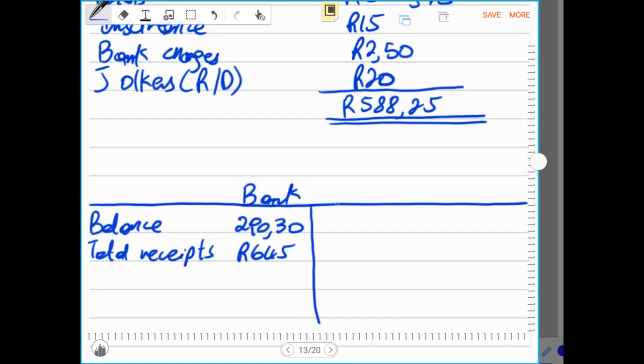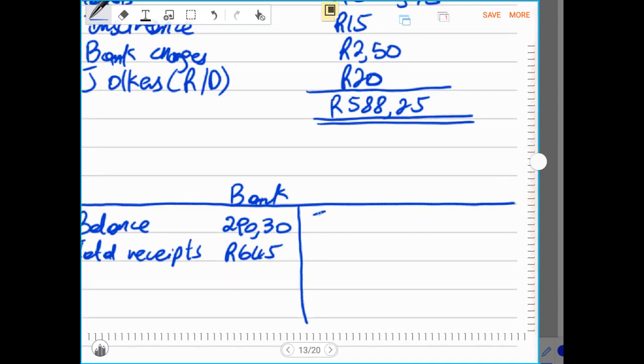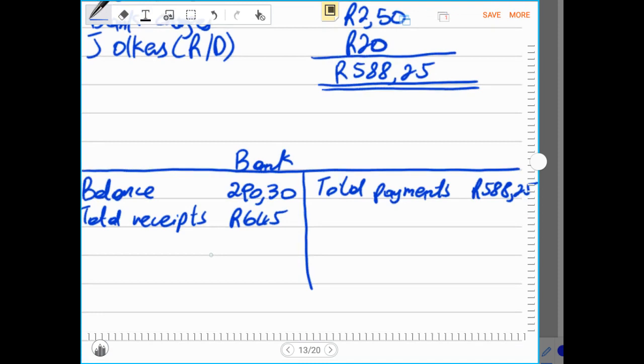This will be total payments, and our total payments will be 588.25.